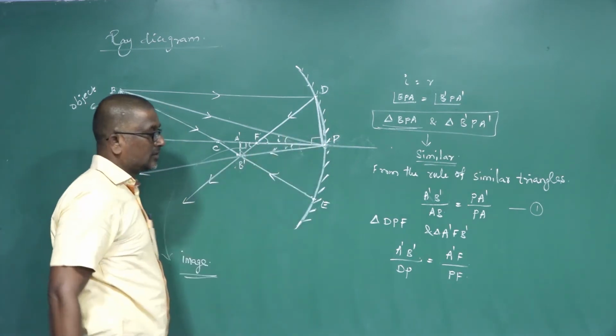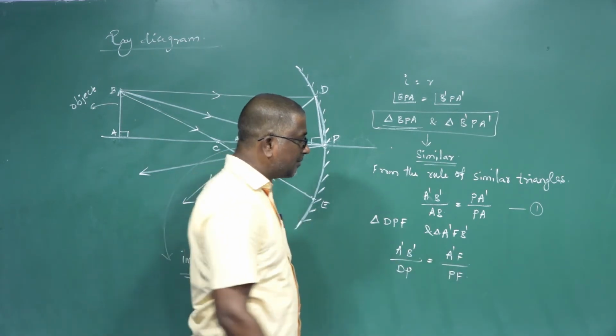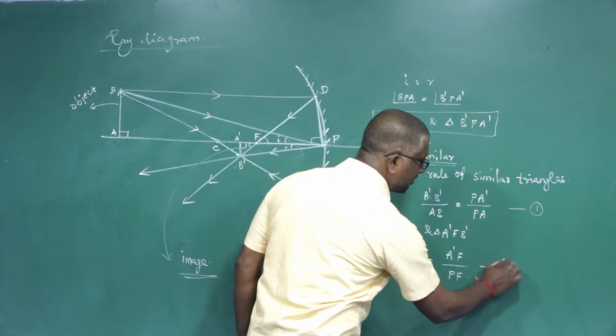So A dash B dash divided by DP is equal to A dash F divided by PF. Suppose this is taken as equation number 2.